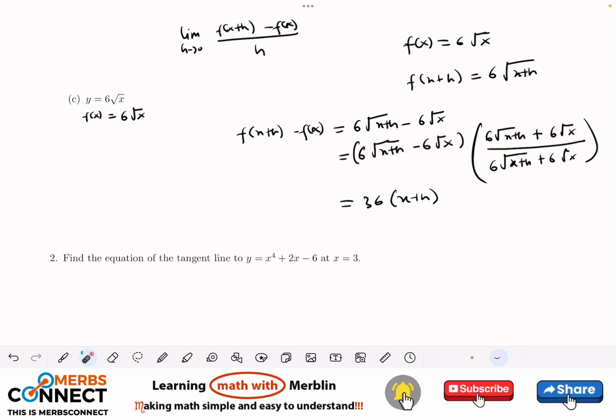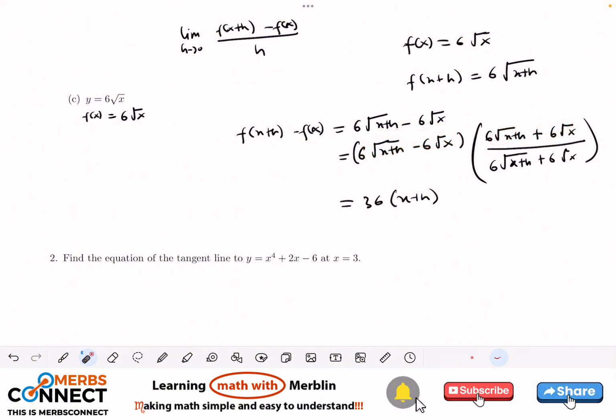Whenever you have a root and you find a conjugate, or you want to rationalize it, what you need to do is just multiply this by this and this by this. Remember, it's when you have the radical and you are doing rationalization that you can do this, because the cross terms will cancel out.